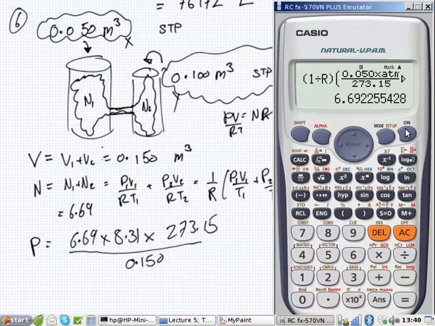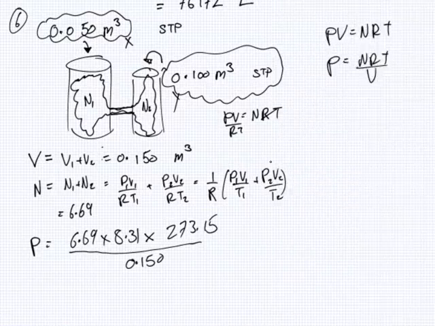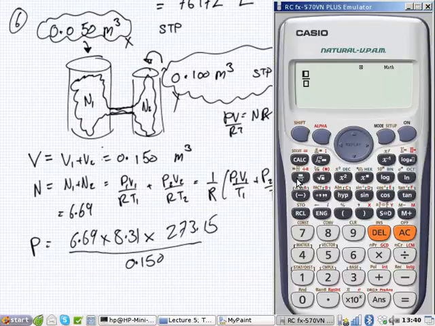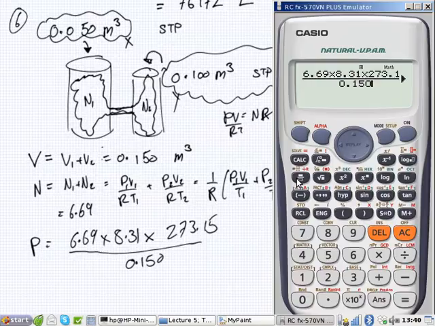So 6.69 times 8.31 times 273.15 over 0.150. So at the very beginning, the pressure of each gas was 1 atmosphere.